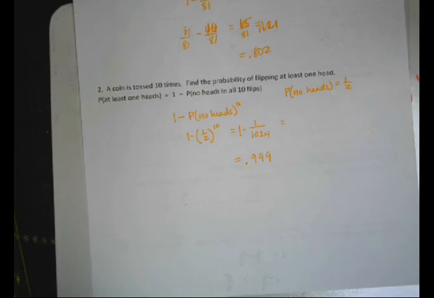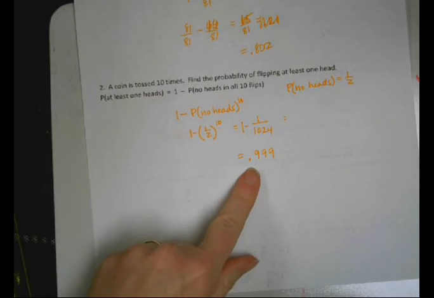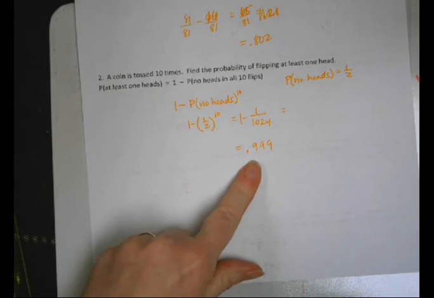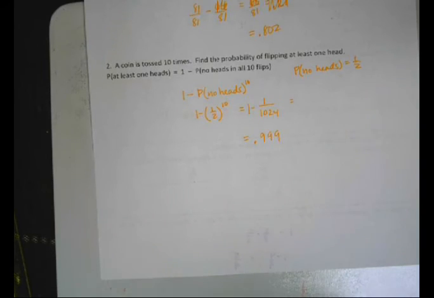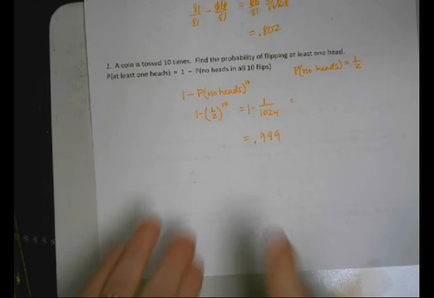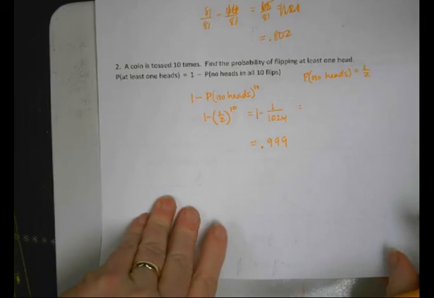This speaks to the law of large numbers, like we talked about, because that's a pretty strong possibility that you're going to flip at least one head. If you flip a coin 10 times, there's a real strong possibility at least one of those times it's going to land on heads. That's almost 100% probability.